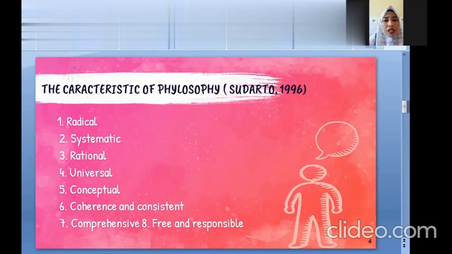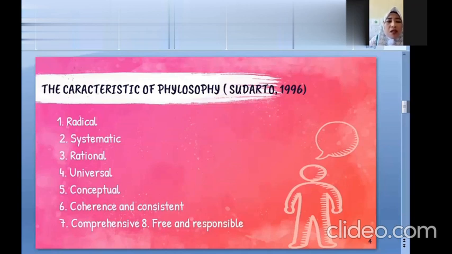And the second one is systematic. Systematic means a series of ideas or main ideas which are then broken down into detail, so that the pattern of philosophical thought is arranged.